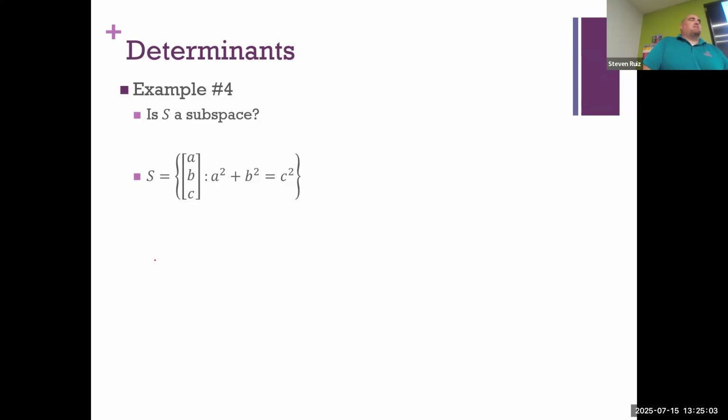Is the 0 vector part of this? I don't know. Let's look at it. What would it mean if 0, 0, 0 was in this space? It would be 0 squared plus 0 squared, so this would have to be true, right? Okay, I got the 0 vector.